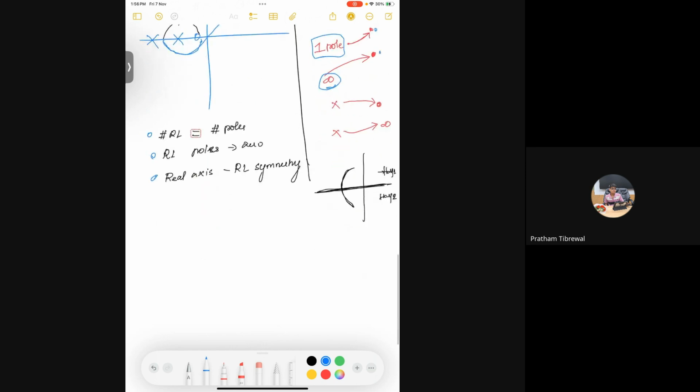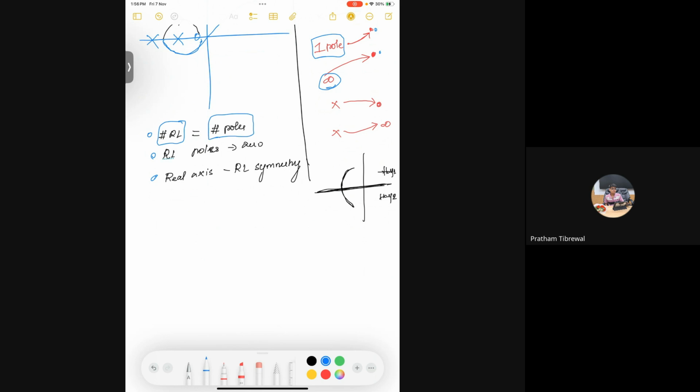So far, we know the root locus starts from open loop poles and ends at open loop zeros. If some poles are fewer or some are more, then the rest will come from or go to infinity. The next property is that the number of root locus branches will always be equal to the number of open loop poles.